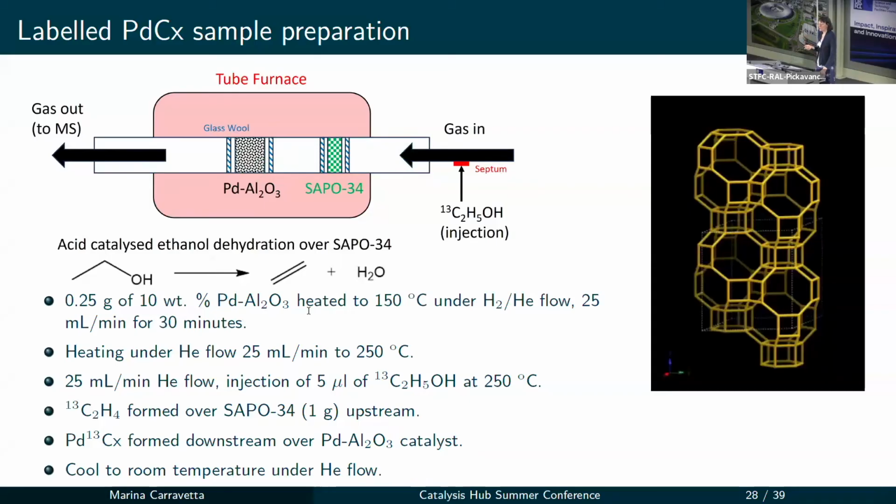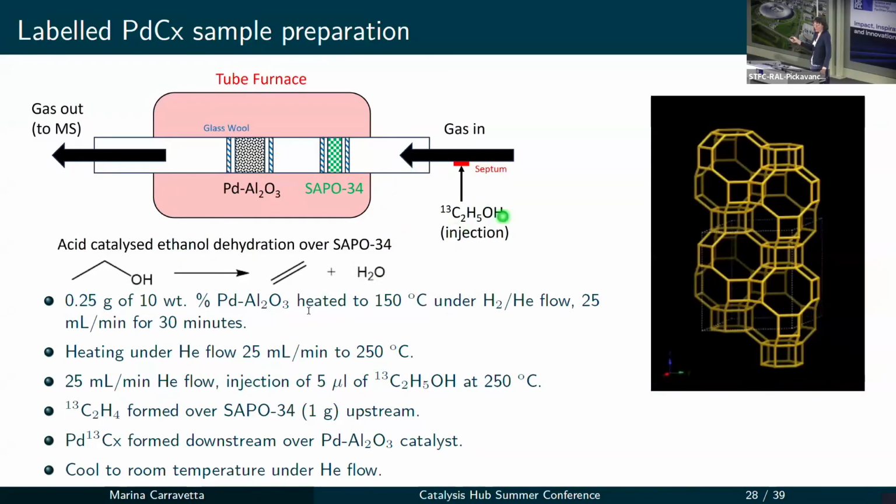When it comes to conditions, our sample was 250 milligrams of a 10% palladium nanoparticle. We heated it up at 150 degrees under hydrogen. Then we placed it under a helium flow at 250 degrees with this type of flow parameters.